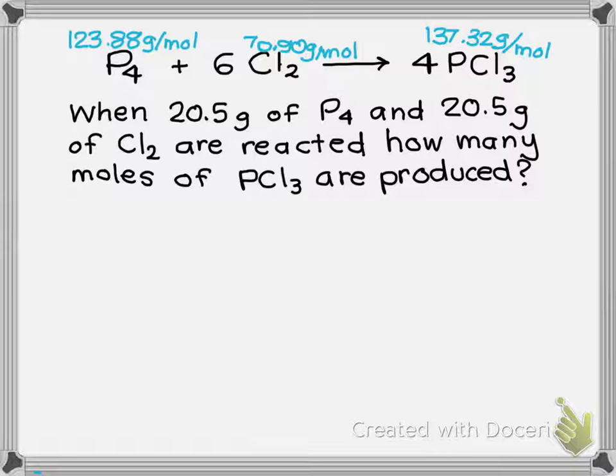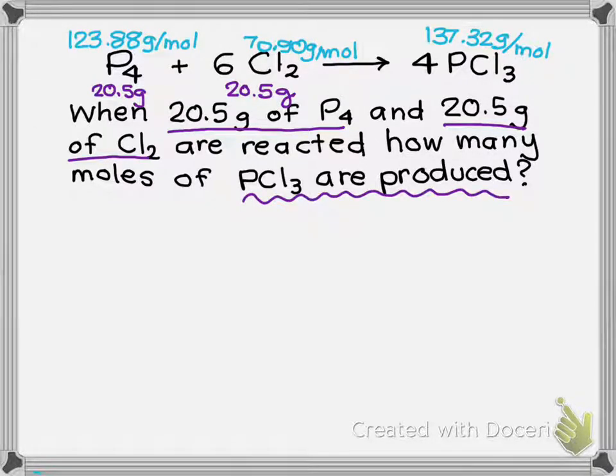It says I have 20.5 grams of P4 and 20.5 grams of Cl2. So right away I know this is a limiting reactant problem because they've given me the quantities of both reactants. And what they want me to find is PCl3 in moles.